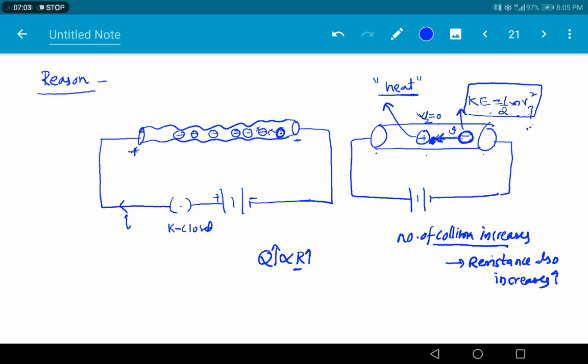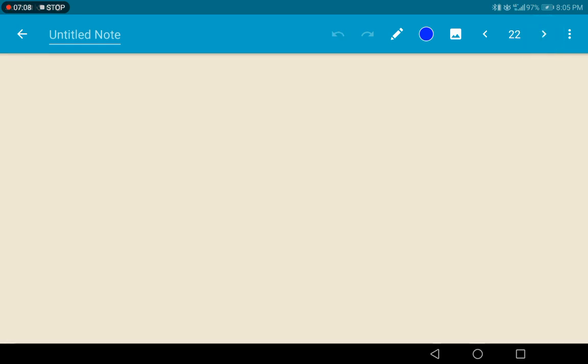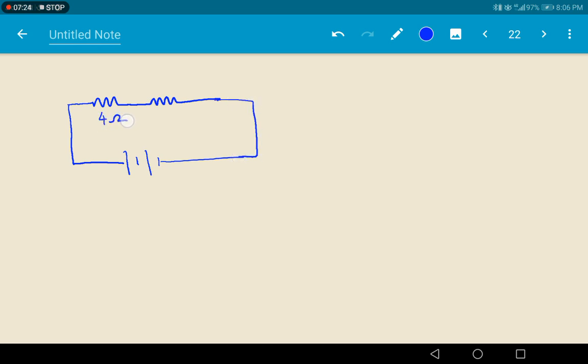Now let us take one example here. A circuit contains two resistors. One is of 4 ohm, another one is of 6 ohm. The battery potential is 2 volt. So take it as an example.